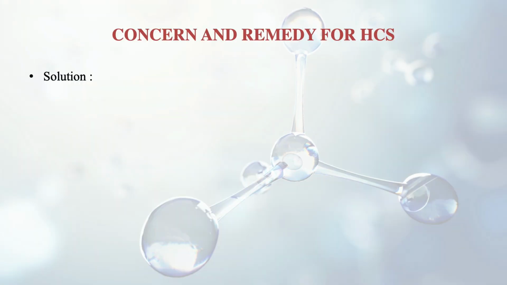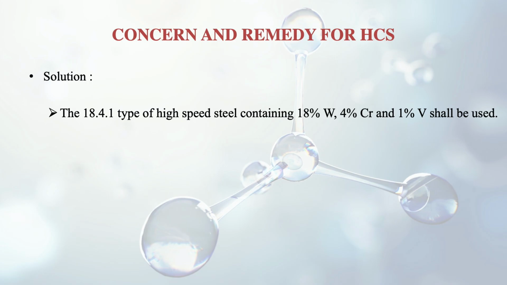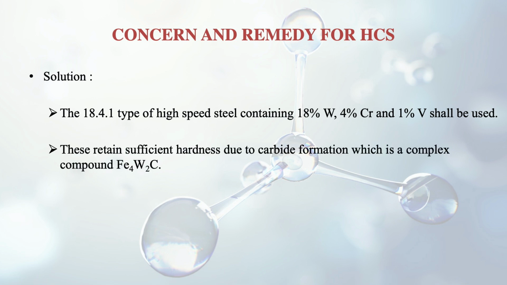For that purpose we will be using 18-4-1 type high speed steel, where there is 18% tungsten, 4% chromium and 1% vanadium. And what do these do? These retain sufficient hardness due to carbide formation, a complex compound, Fe4W2C, which is formed.